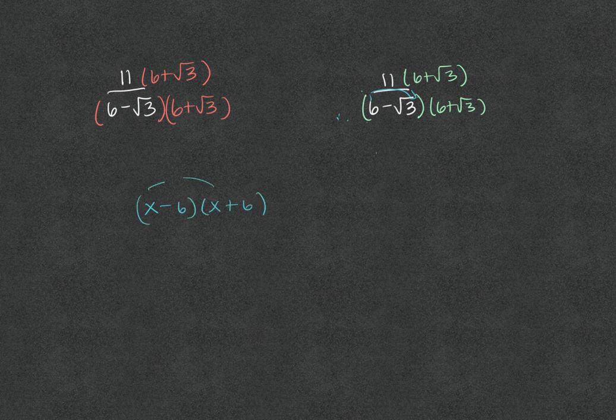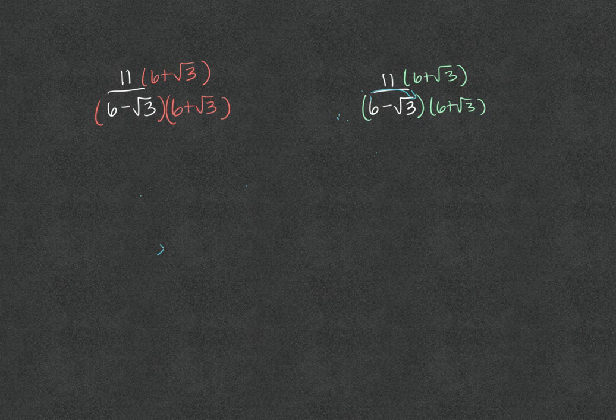When you multiply this out, you would get x squared plus 6x minus 6x, and then finally a minus 36. It produces something called a difference of 2 squares, but the main part of it is it cancels out the 2 middle terms. So all that you're really doing is multiplying your first terms together and then multiplying the last terms together, which is what we are going to do with the conjugates we have created.